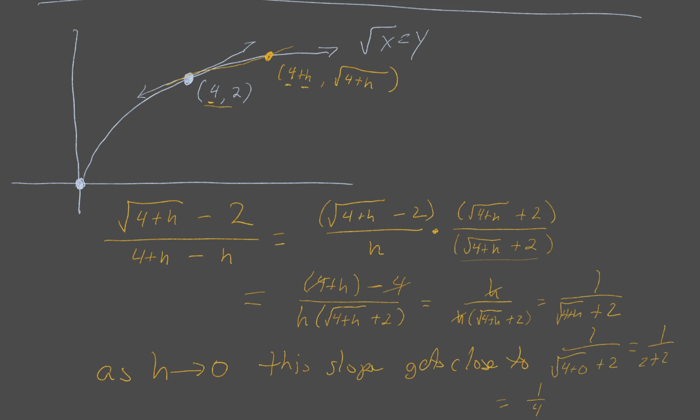So my slope gets close to positive 1/4. So the slope of that tangent line is going to have positive 1/4 as its value.